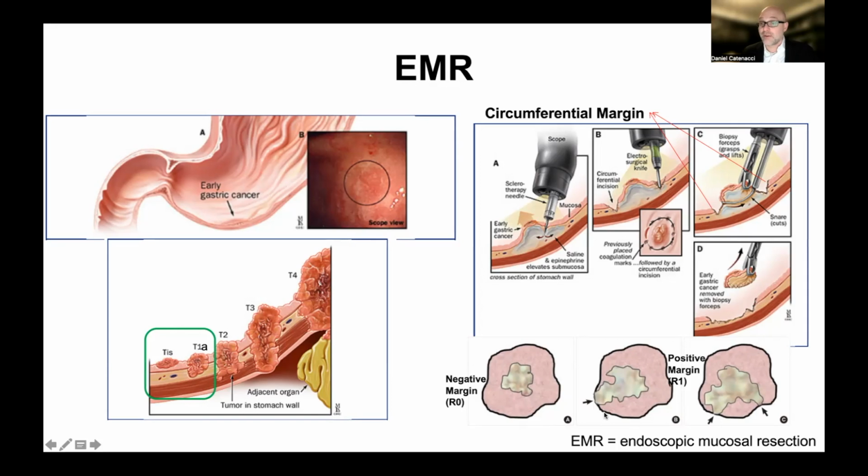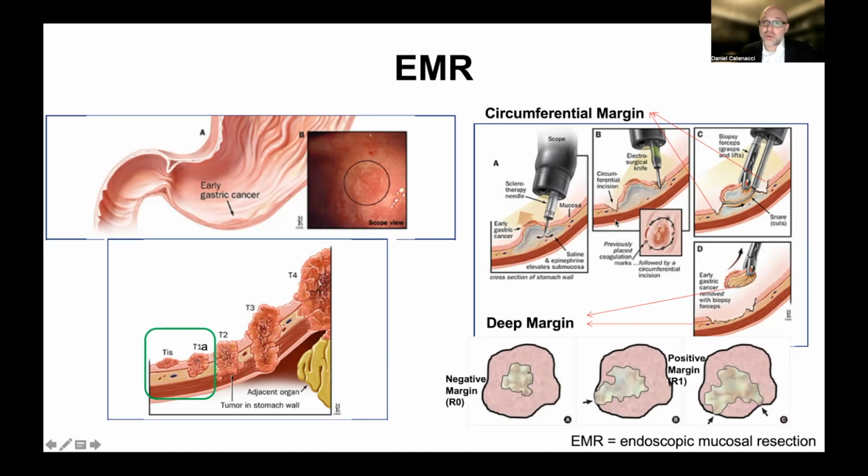The concern of a positive microscopic margin, or R1 resection, is that there could be residual cancer cells right on the other side of the cut that is left inside the body. Hence there would be a very high risk of a recurrence in the future as it starts to grow back and become a problem.